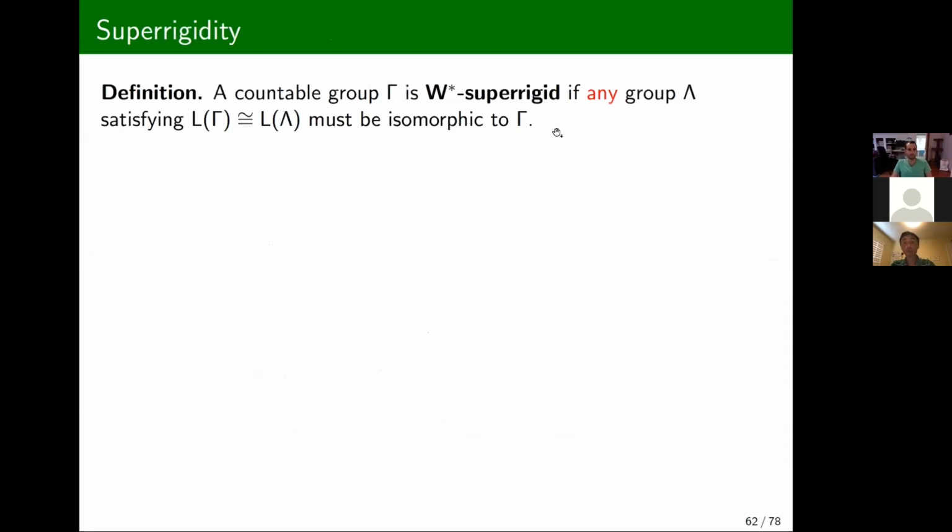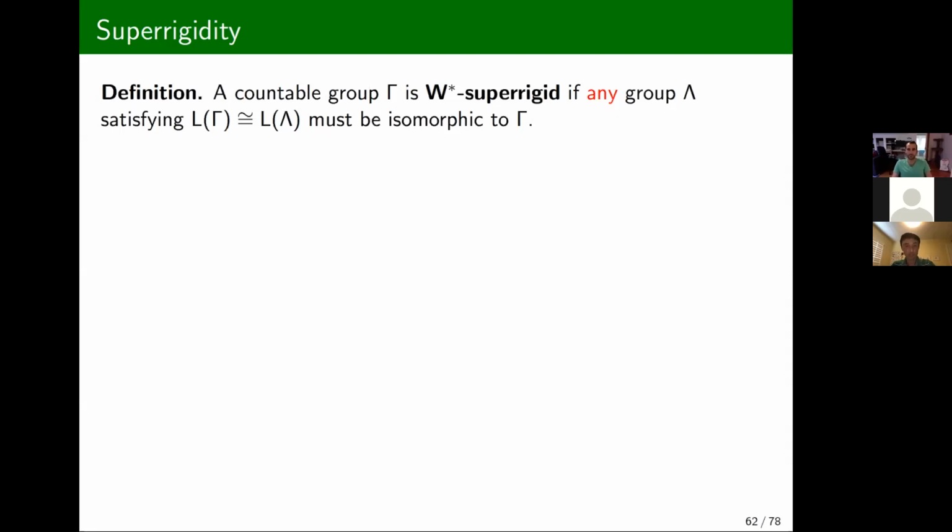So a countable group gamma is called W-star superrigid, where W-star stands for von Neumann algebra, if any group lambda which satisfies that L of gamma is isomorphic to L of lambda must be isomorphic to gamma. Okay, so in other words, there's no group lambda other than gamma which gives you an isomorphic von Neumann algebra. So this is in a very strong sense saying that L of gamma remembers the isomorphism class of gamma.